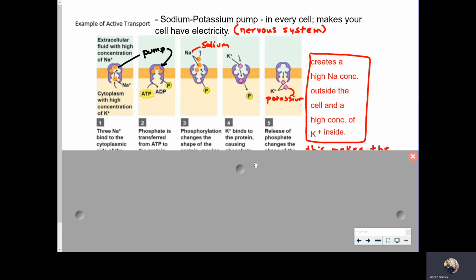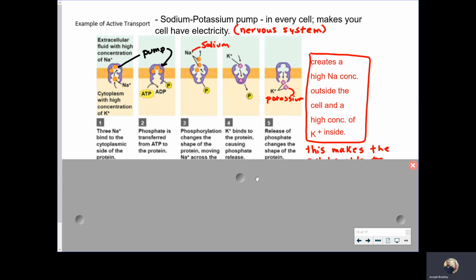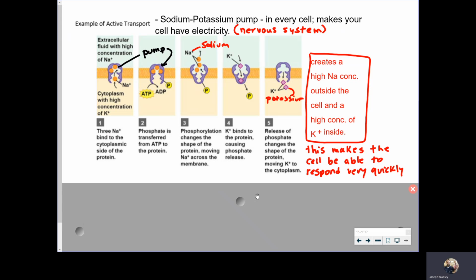By moving that, it creates a high concentration of sodium and a high concentration of potassium, which leads to an electrical charge. That electrical charge allows you to see, hear, touch, taste, smell, learn, all the things your nervous system is involved with. So again, the key thing: moving against the concentration gradient, using pumps and using ATP to do that.